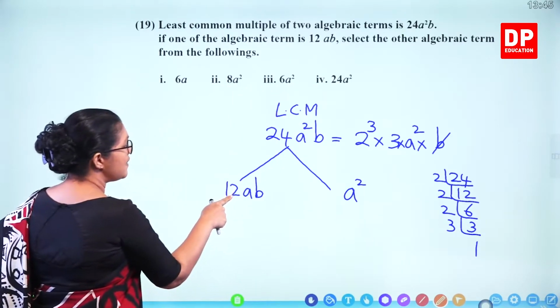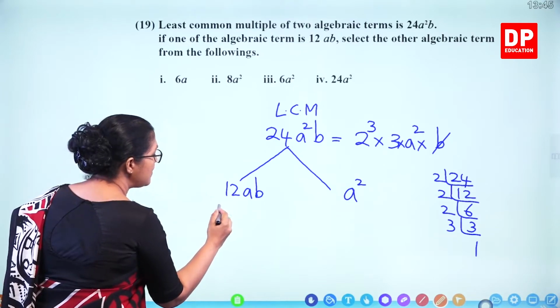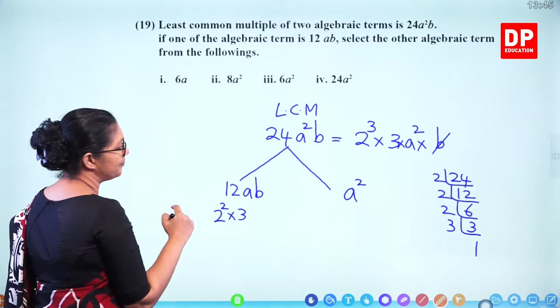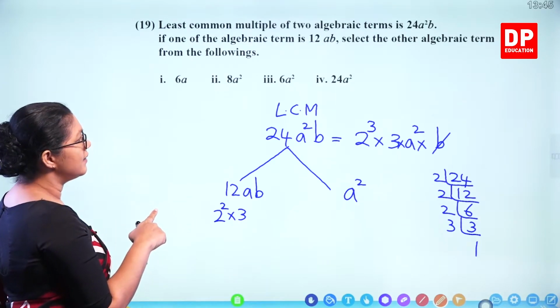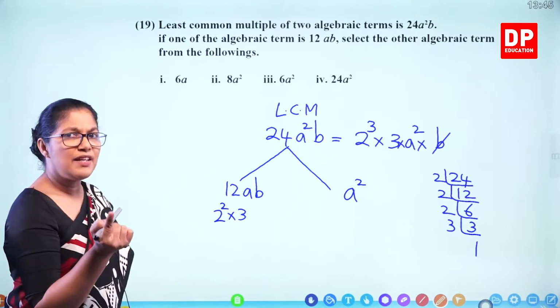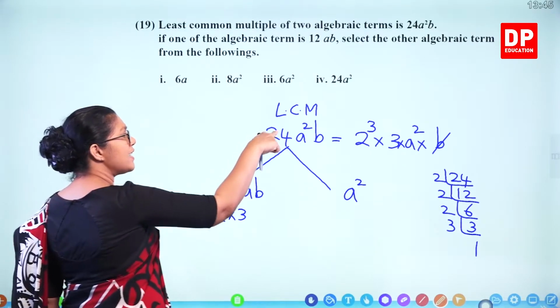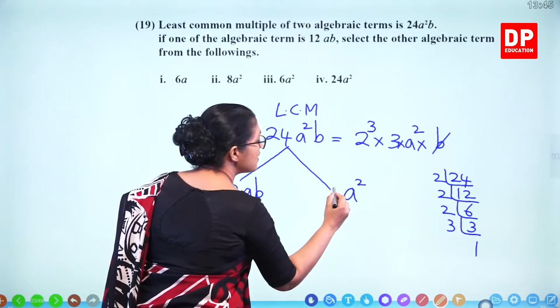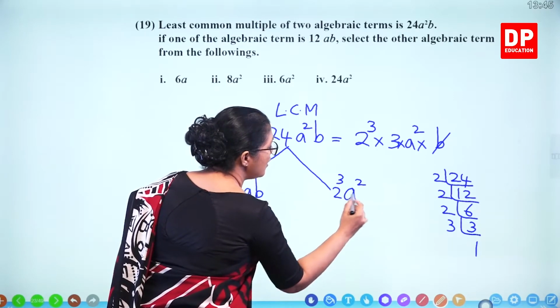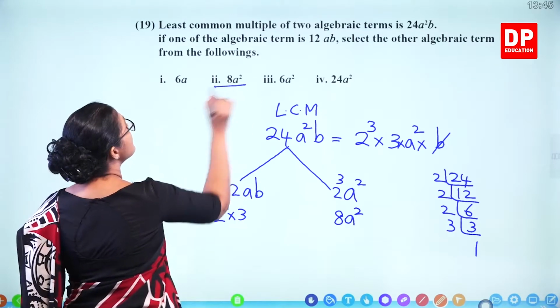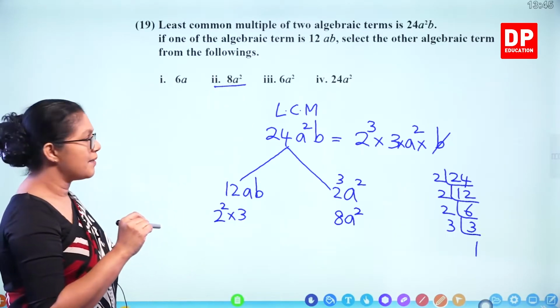But here 12 is there. So 12 means 2 to the power 2 times 3. So 3 is there. So you don't need 3, but you need 2 to the power 3 to get this 2 to the power 3. So one answer can be 8a squared. So this is one possibility.